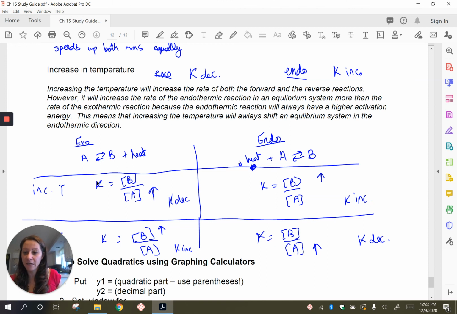So in here, let's say I increase my temperature, so I have more heat. The forward rate is faster and the reverse rate is faster, but the reverse rate is faster at a higher rate. So my reaction still shifts to the left. The forward rate is faster, but the reverse rate is even faster, if that makes sense. So both of them increase, but the endothermic process increases more.